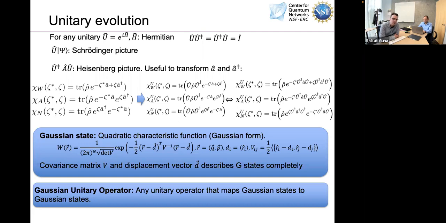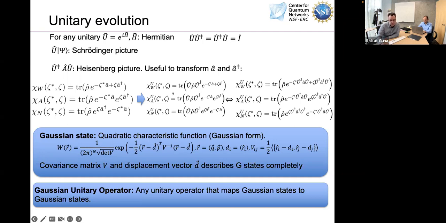Okay. Now, what I do in these steps is demonstrate how to transform the characteristic functions using the Heisenberg picture. I start with some state rho. Through that, I define the three characteristic functions, and then I ask, what if I do something to rho? I apply the Schrödinger picture on my state rho, which is this thing.